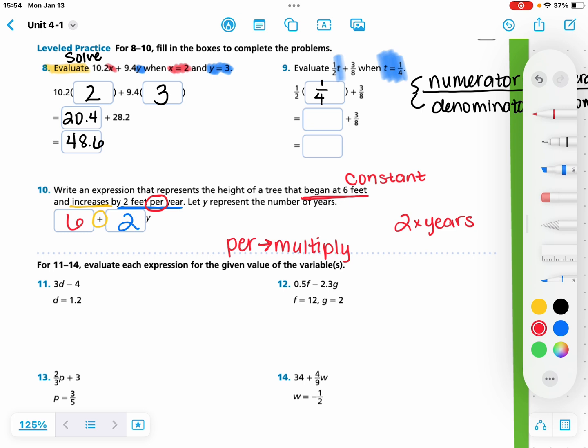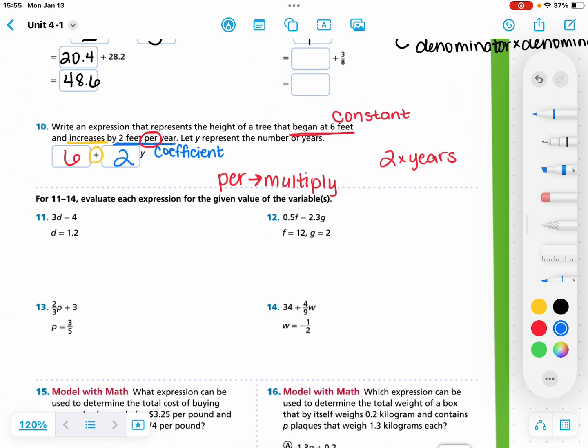After 2 years, it'll grow another 4 feet, so on and so forth. But something to help with this is definitely identifying the constant, which is that 6, and then that coefficient, which is that 2. Really easy peasy stuff there.